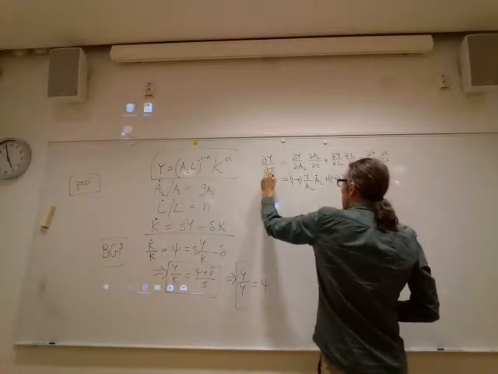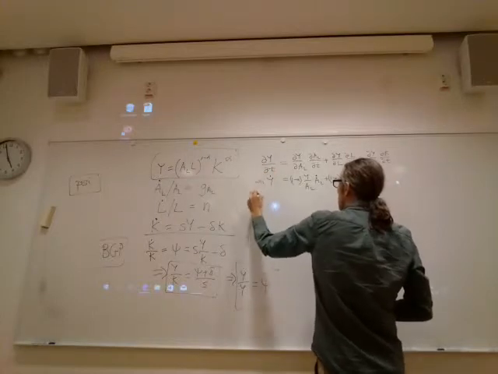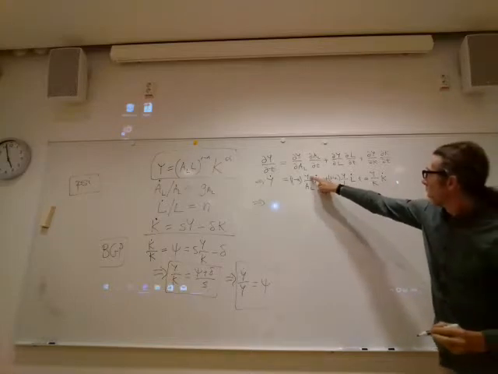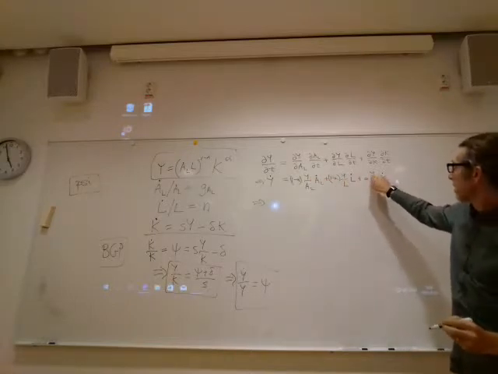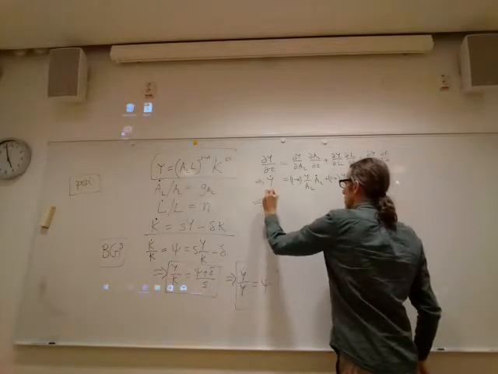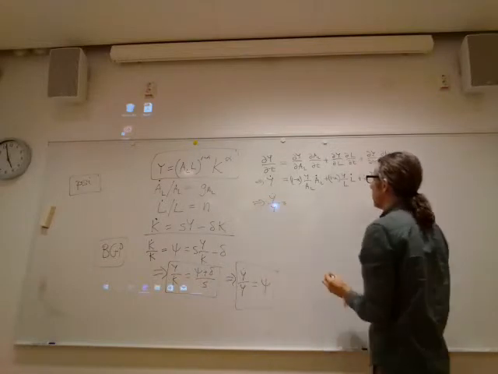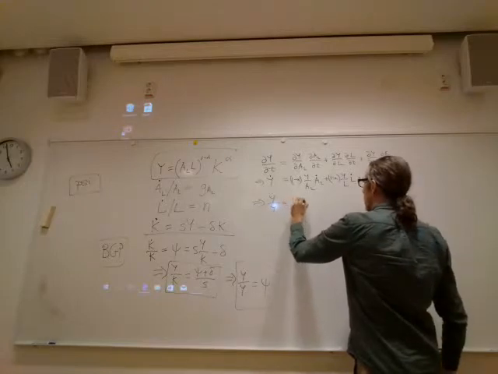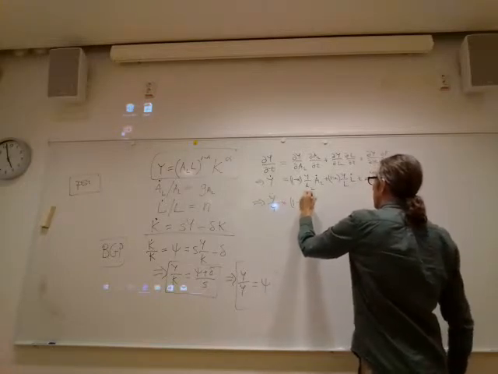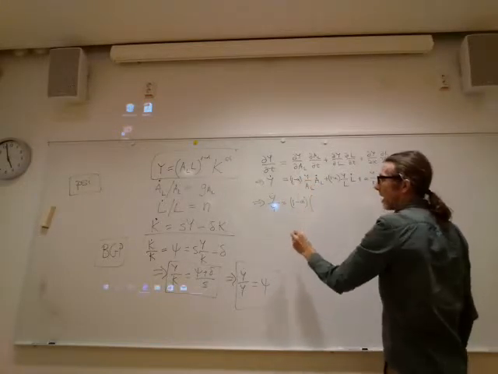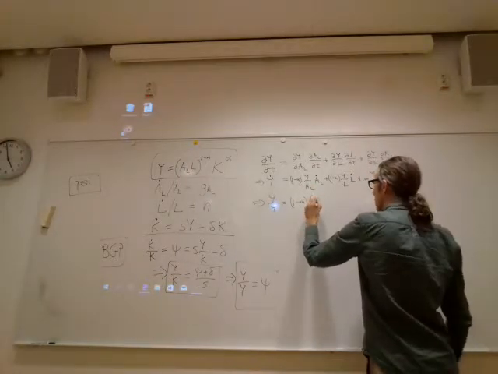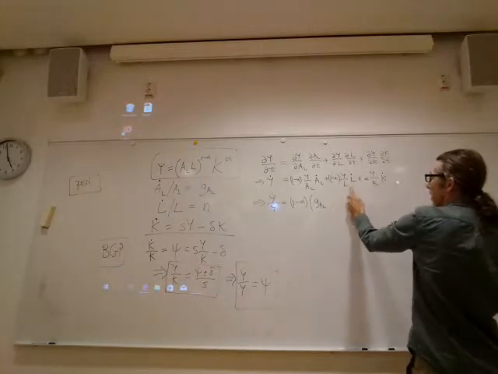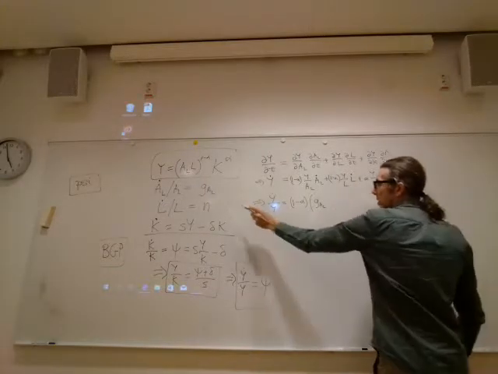And this is y dot, isn't it? So, why don't we divide through by y to get y dot over y. And then we shift these on top of each other and we get (1 minus alpha) times AL dot over AL, which is GAL, plus (1 minus alpha) L dot over L, which is n.